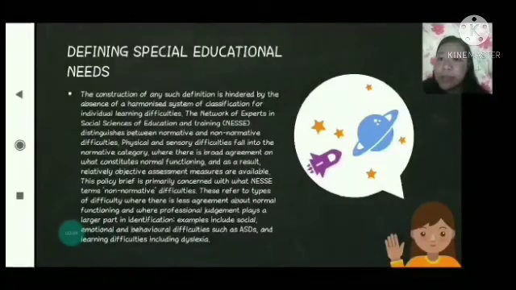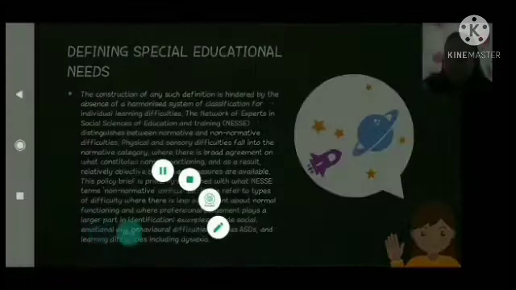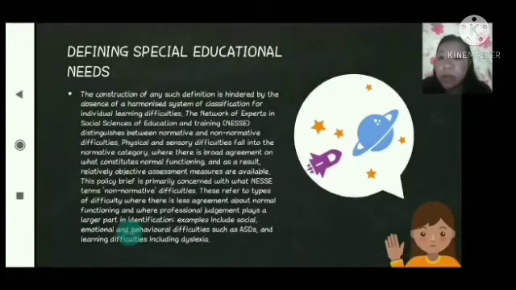In normative difficulties, there is a broad agreement of what constitutes normal functioning, and as a result, relatively objective assessment measures are available. The non-normative refers to types of difficulty where there is less agreement about normal functioning and where professional judgment plays a large part in identification.